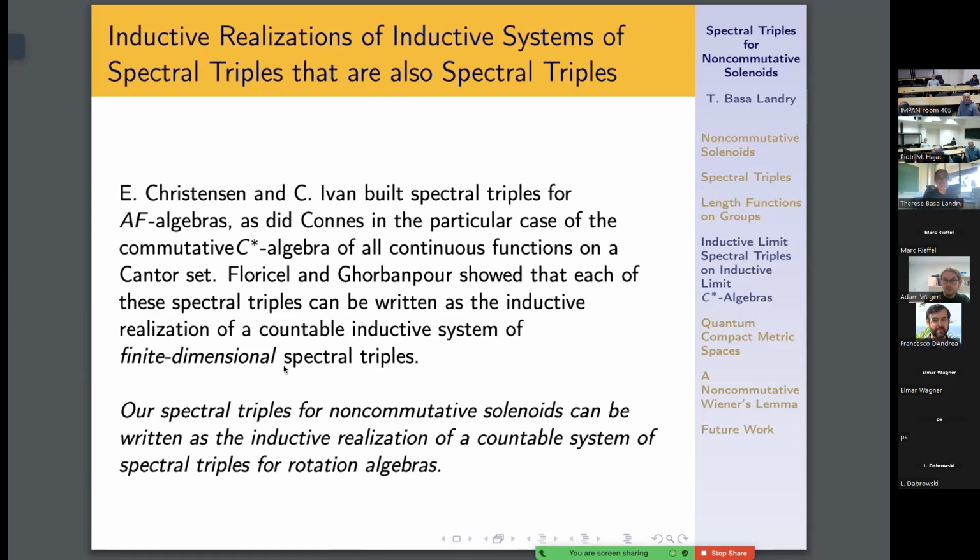In contrast, our spectral triples for noncommutative solenoids can be written as an inductive realization of a countable system of spectral triples for rotation algebras. So it's a different class of examples to add to their inductive systems of finite dimensional spectral triples.